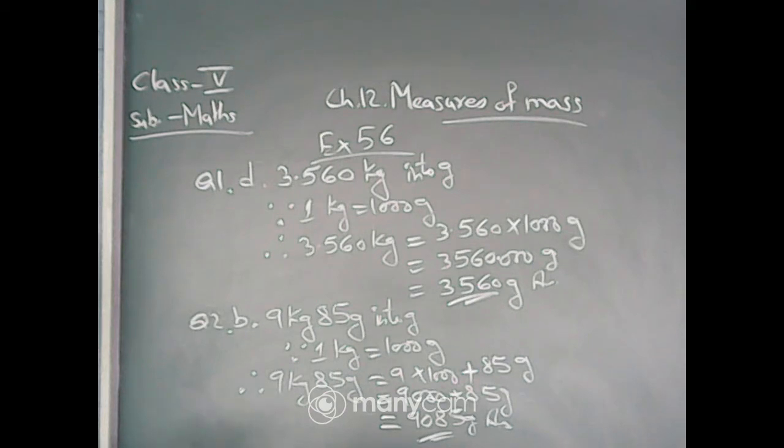Next page again the conversions. See the first one. Question number 3. 6 kg, 3 hectogram, 4 decagram, 5 gram into gram you have to convert. Okay, so let us write this one.